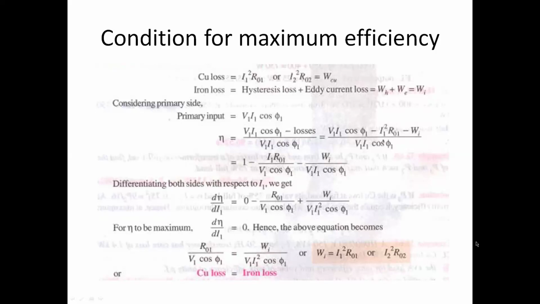So like a 100 kVA distribution transformer, their maximum efficiency may be at 80% load or 75% load, not at full load. We design such that it gives the best efficiency at some partial load, because of the average load.